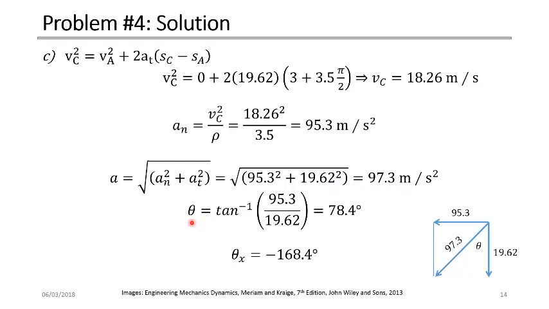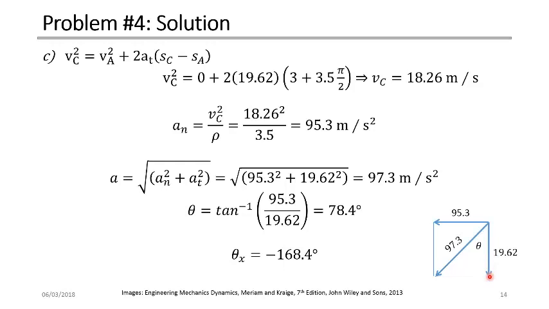And again, we can calculate the angle as the tan inverse of the normal component of the acceleration divided by the tangential component, which will be 78.4. But let's just draw this to understand how we can measure the angle with respect to the x positive direction. In this case, we have the tangential component of the acceleration going down, because at point C the tangential component is tangent to the curve.